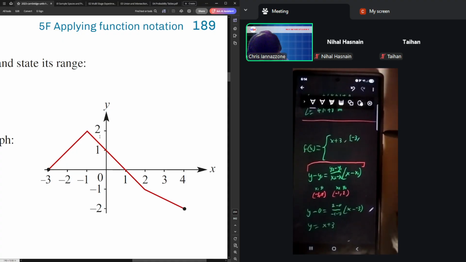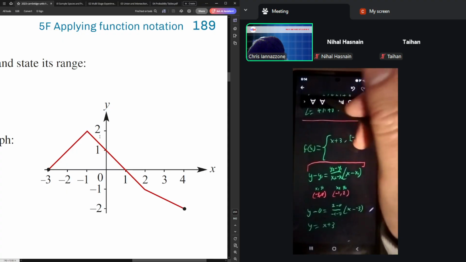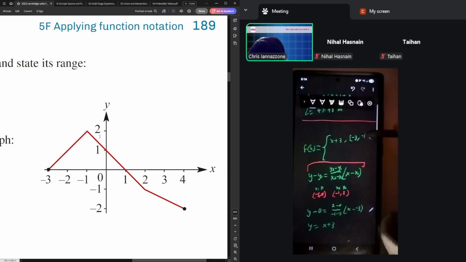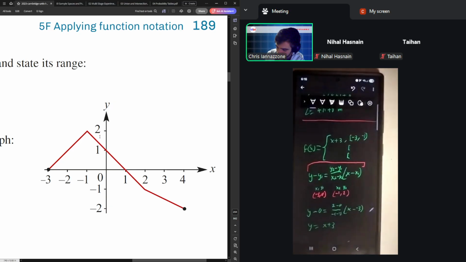As for the second bit, it's up to you whether you want to make this one the inclusive or the next one the inclusive. Typically what you'll see textbooks do is they'll make all the left hand sides inclusive and all the right hand sides exclusive when they join. But it's perfectly valid to have it one way or the other. You can have this one a square so long as you make that one a circle bracket.